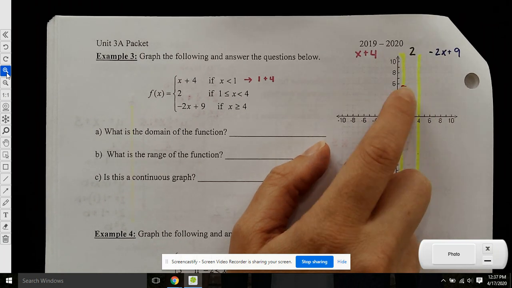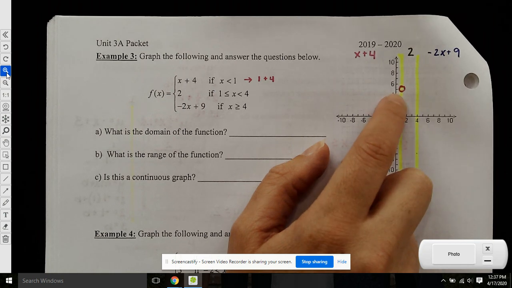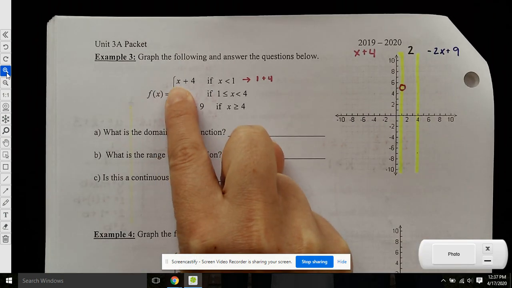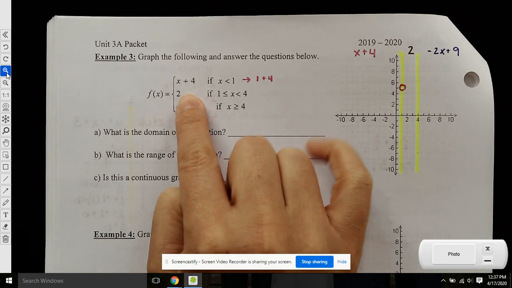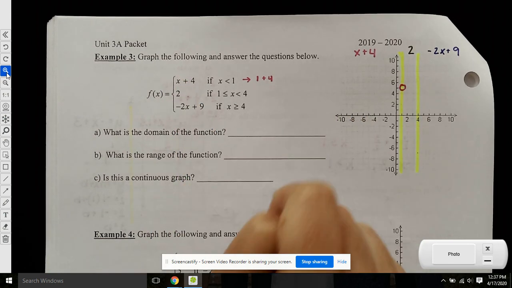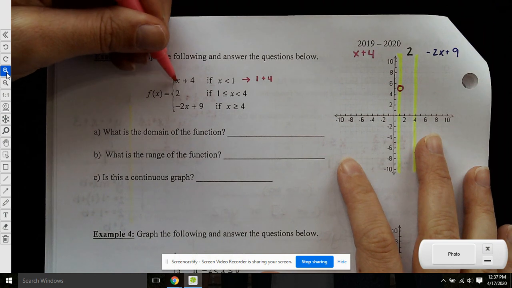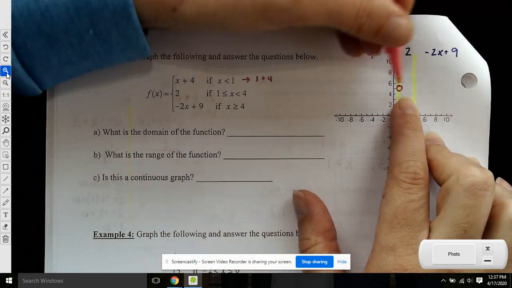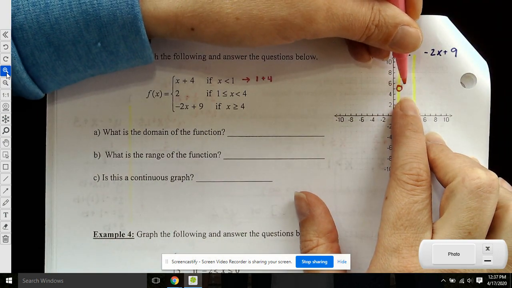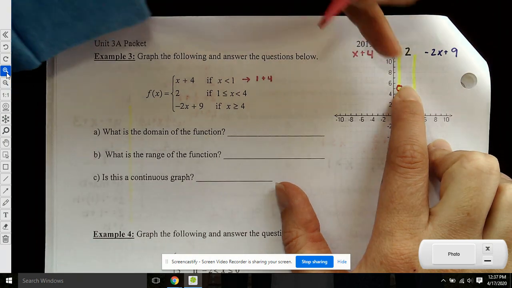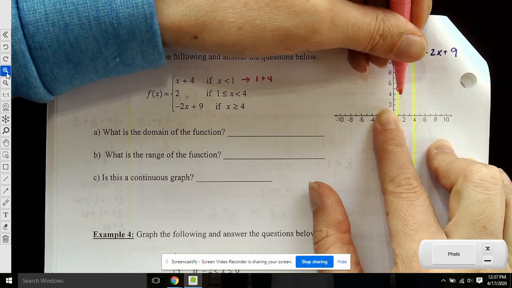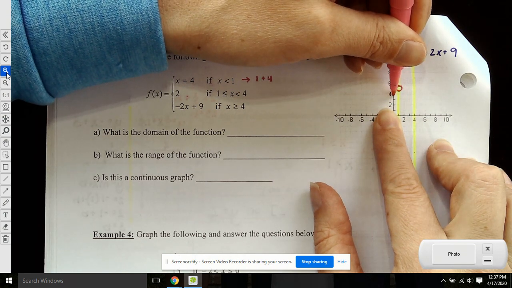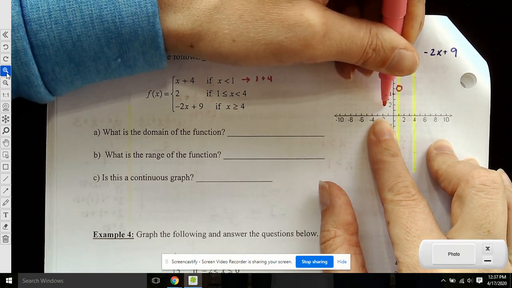So now from here, once I know what kind of circle, I use my slope. I can always graph a line because this is linear, using a point and then the slope. So since I have a positive 1 slope, from here I would go up 1, right 1. However, that is not where the function is. The function goes this way. So instead I'm going to go down 1, left 1, down 1, left 1, and so on and so forth.